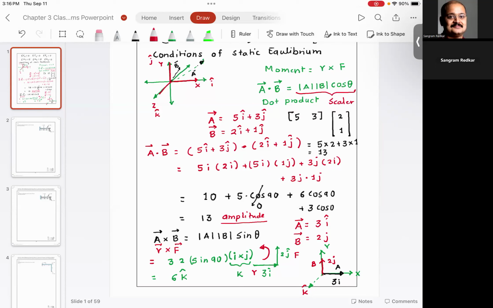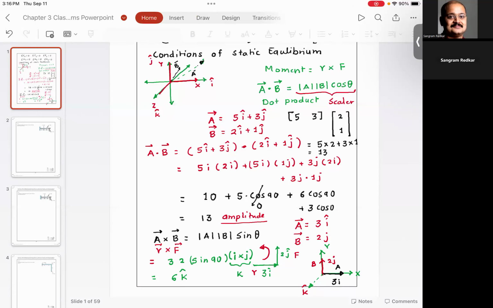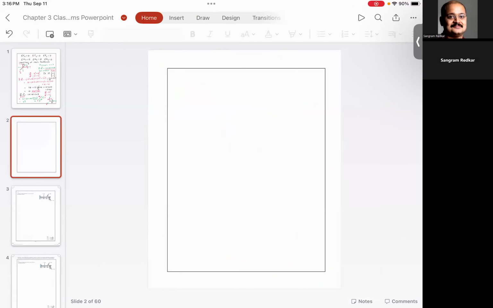Cross product needs to have a unit vector associated with it. To find the unit vector, you do the crossing i cross j, and i cross j is nothing but k. Now I just said that. Now I'm going to explain to you in one more way, and then we will solve the two-dimensional problem.